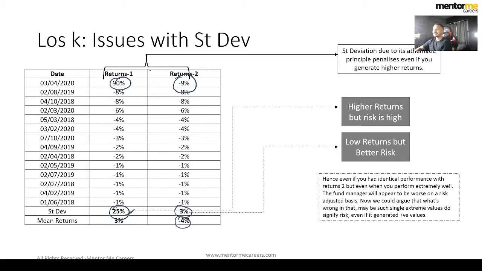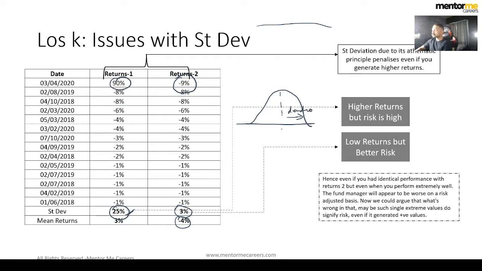So what is exactly happening with standard deviation, if you look at the chart, you can draw it out here. If this is your distribution or your plotting of your returns, the person who is generating even the higher returns is getting penalized for the deviation.